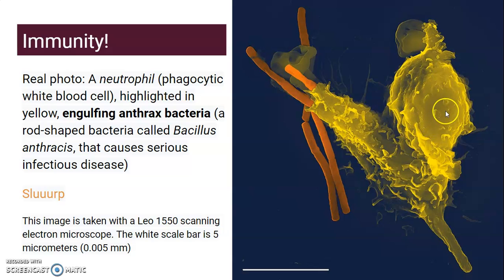And once it's in there, it'll use all of its enzymes to digest and dissolve that naughty bacteria and then spit it out somewhere. Oh, fun fact: when these phagocytes are done, they basically implode and become pus. So when you've got bacteria in your skin, all of your white blood cells will go there and they'll destroy the bacteria, and then they kind of just form a big white ball, and that's your acne.